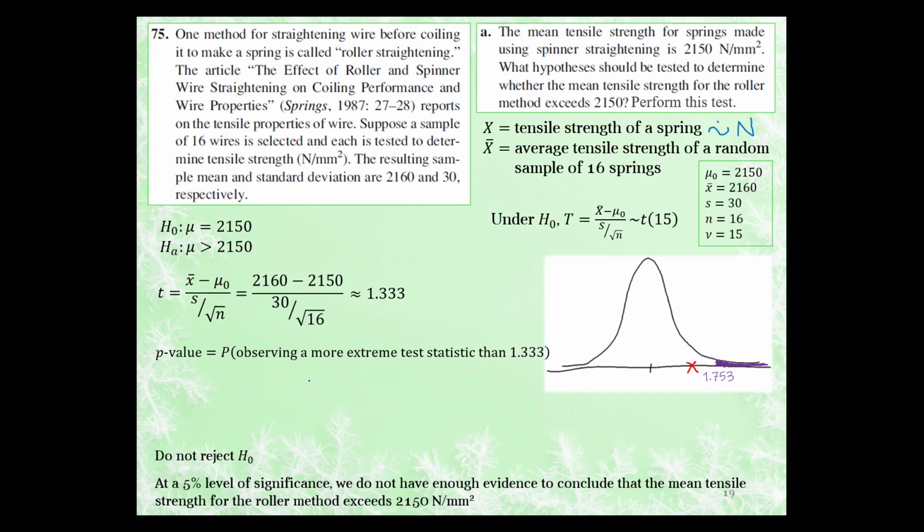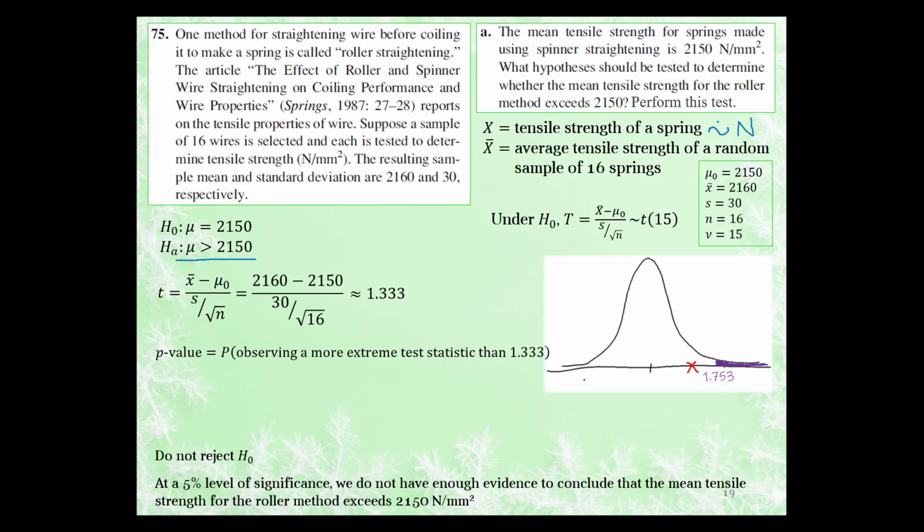Now, in this question, we were looking at the methods of coiling, so roller straightening and all of that. And we have here the alternative is that mu is greater than 2150. So on our sketch, if we want to calculate our p-value, we want to calculate the probability of observing a more extreme test statistic than 1.333.